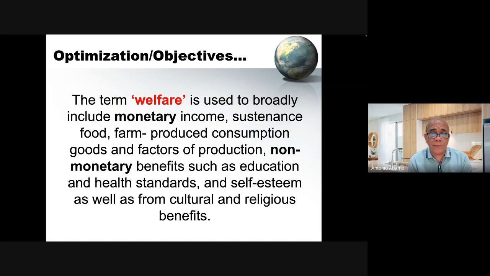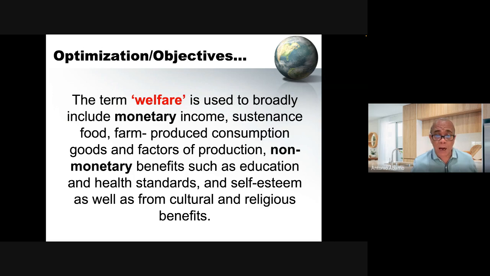And when we talk about monetary, it could be increase in income or securing food and also producing what is enough for the household. These are things that can be monetized, and there are also welfare benefits that cannot be monetized.